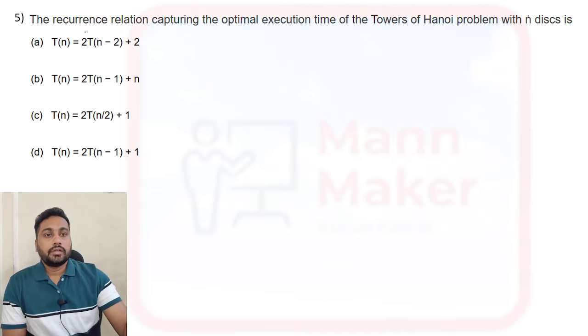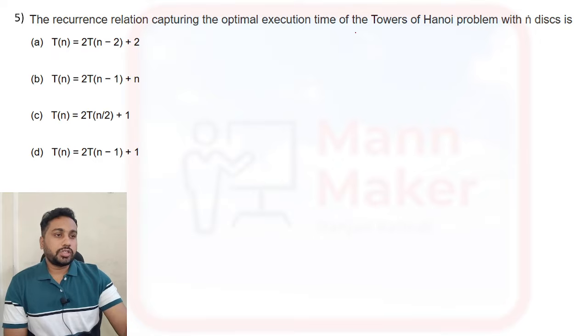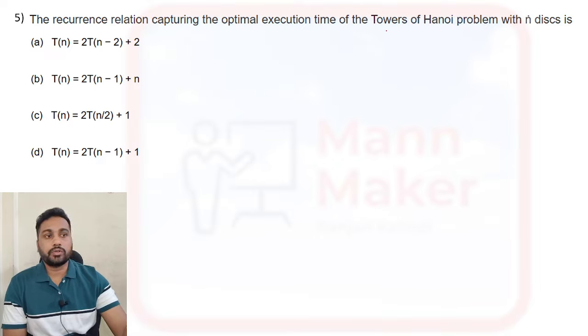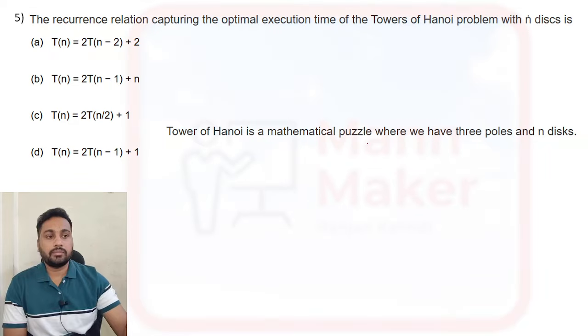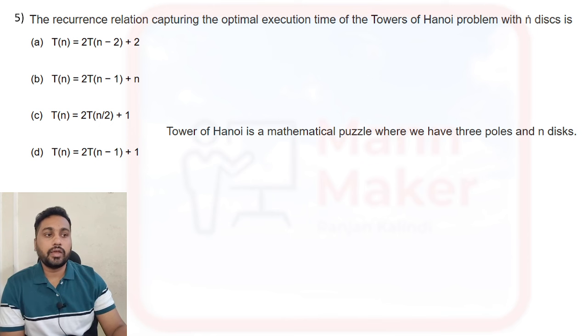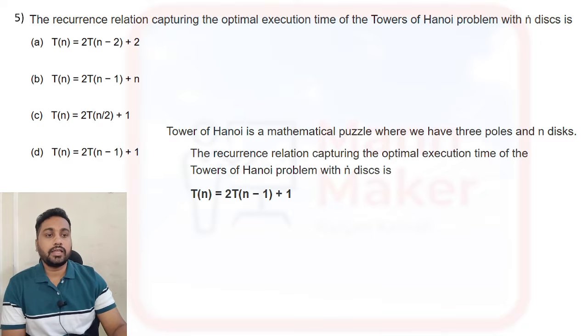Now, the recurrence relation capturing the optimal execution time of the Tower of Hanoi problem with n disks is. If we talk about the Tower of Hanoi problem, it is a mathematical puzzle where we have three poles and disks.